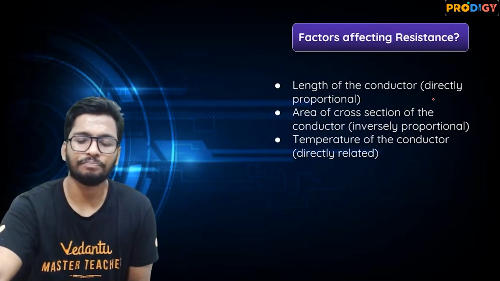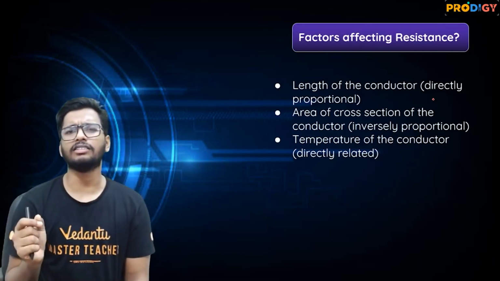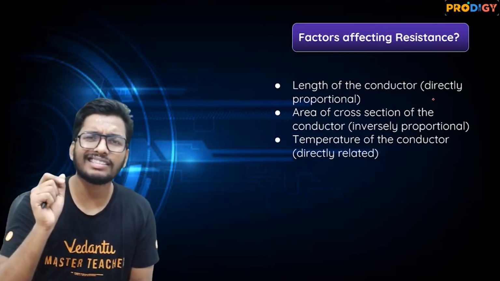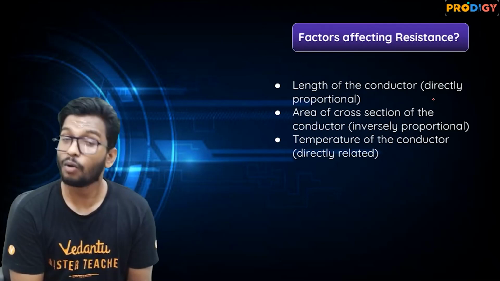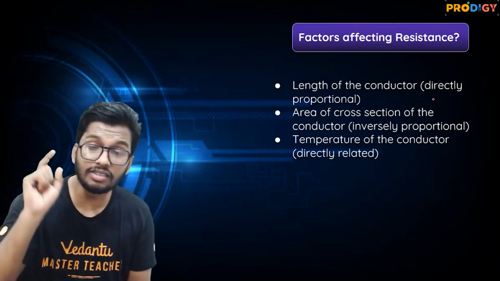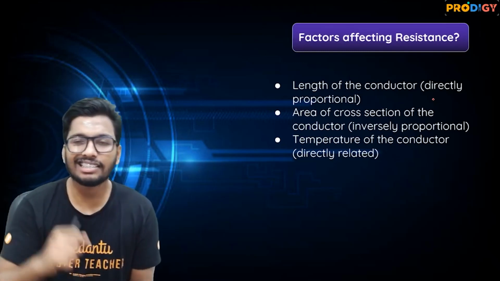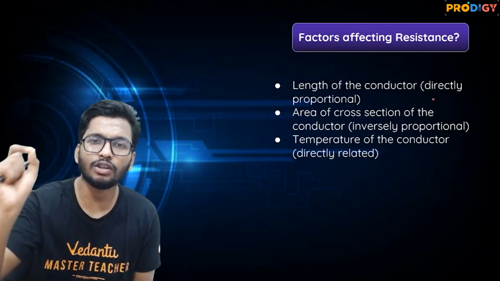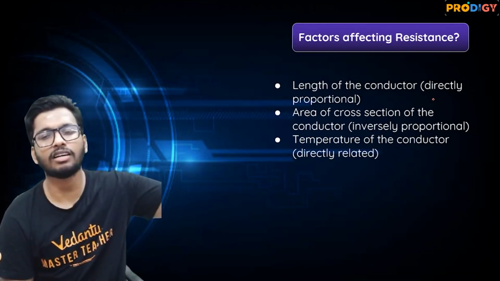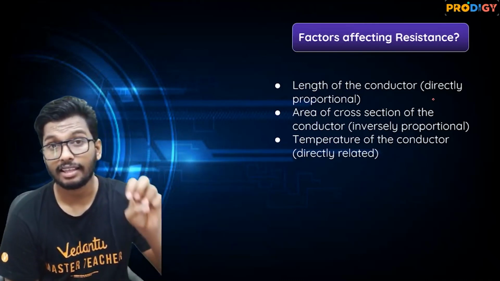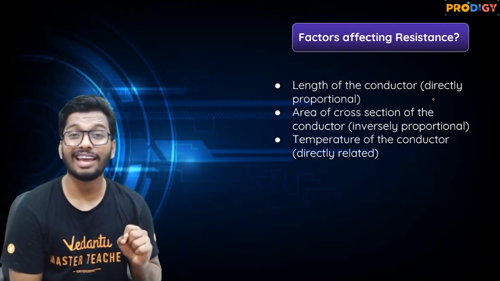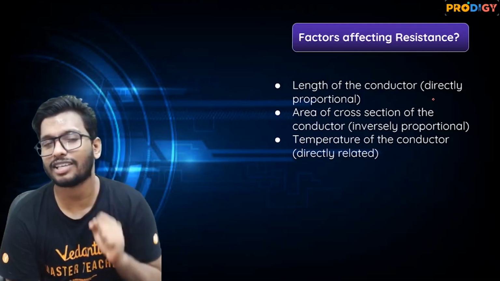Now here's the thing, guys. There are several factors upon which resistance depends. What are those factors, you may ask? The first factor that resistance depends on is the length of the conductor. It is directly proportional to the length of the conductor. The more the length, the more the resistance. The second factor that it depends on is the area of cross section.